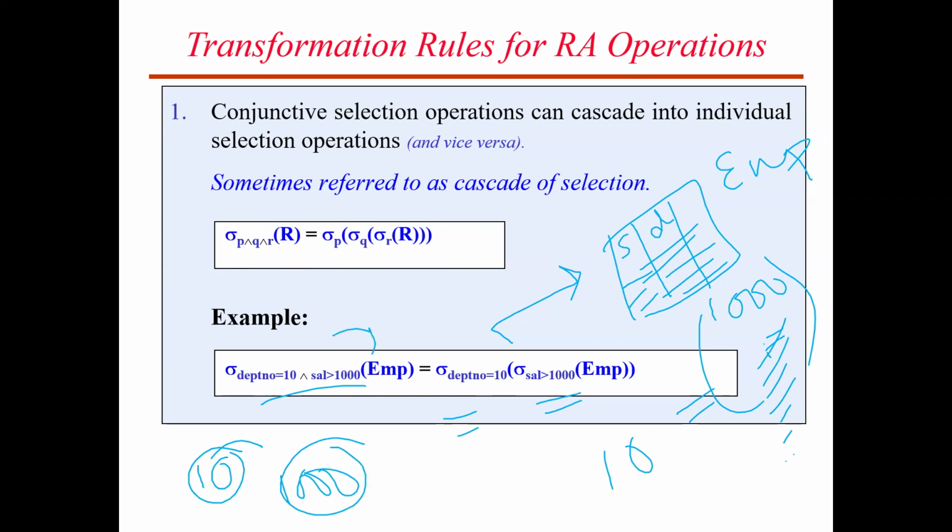So a big conjunctive selection can be divided into cascading select operations when you have attributes of the same table. It can be processed one after the other when you have only one table and many fields to be selected.